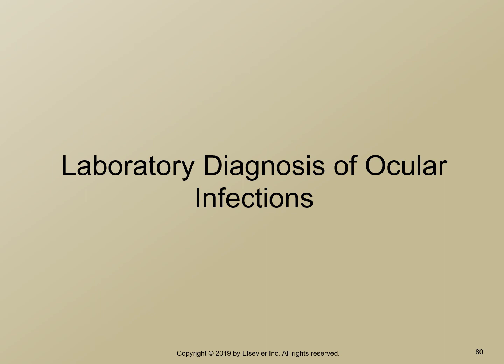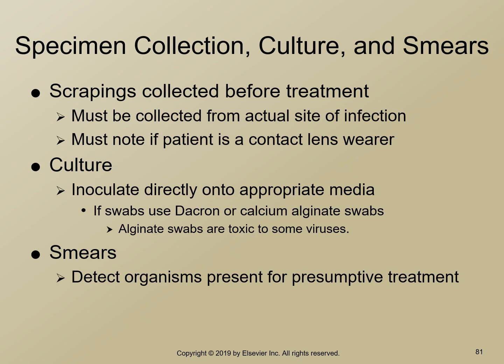Now we'll move on to laboratory diagnosis of ocular infections. The keys to proper collection of ocular specimens are similar to those for any other microbiological specimen. Materials or scrapings for culture should be collected as soon as possible after the onset of infection.